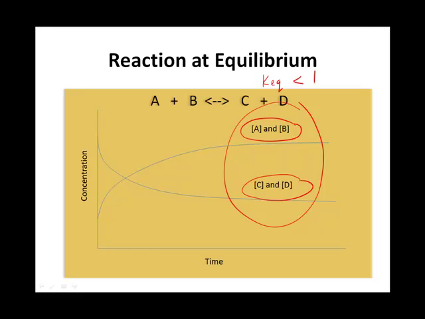The reason why is because KEQ equals the products concentration divided by the reactants concentration. As you can see here, the products are less than the reactants, so therefore the answer is going to be less than 1.